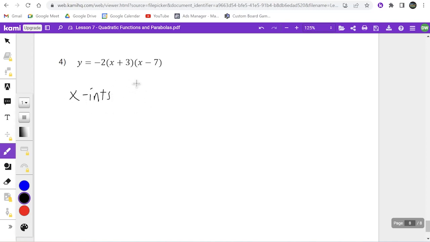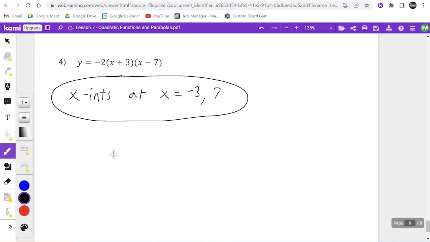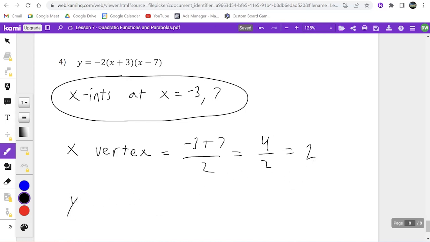So first we got the x-intercepts at x equals negative 3 and positive 7. Okay. And then if we want to find the x-vertex, that's going to be at negative 3 plus 7 divided by 2. Negative 3 plus 7 is 4, and 4 divided by 2 is just 2. So there's the x-vertex. And once again, if you want to find the y-vertex, you just got to plug in here.